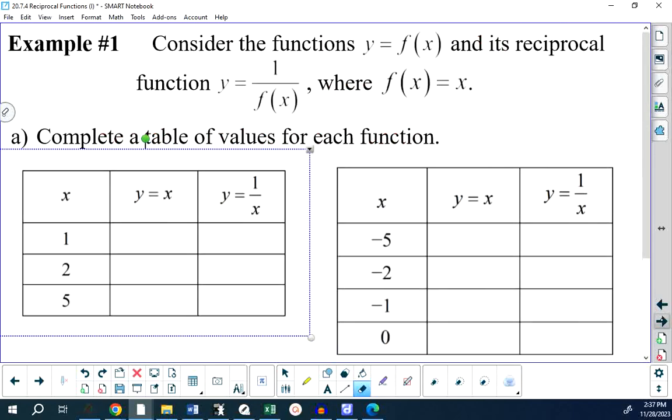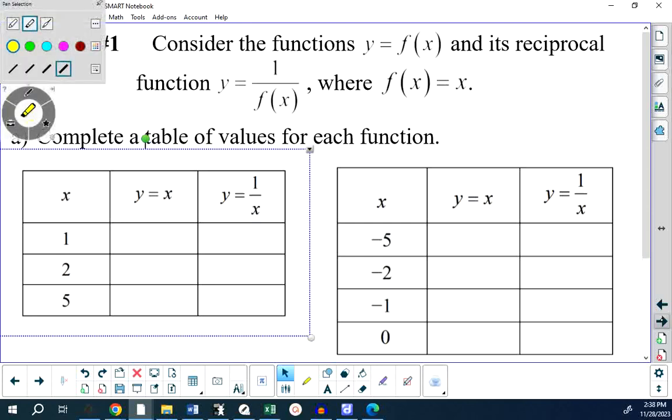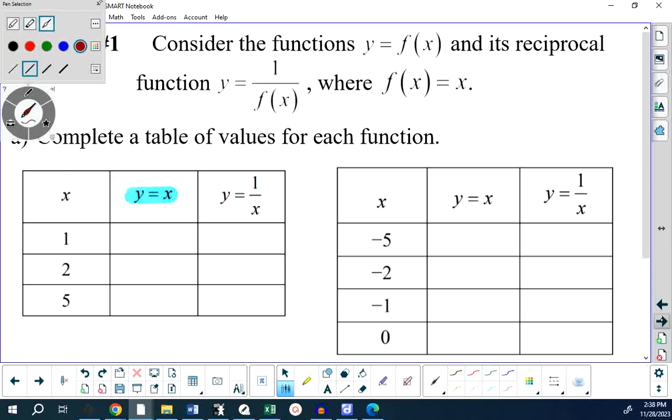All right. So we are going to consider the function y equals x. And I'm using function notation above. But here is this thing that I'm going to highlight, the linear function.